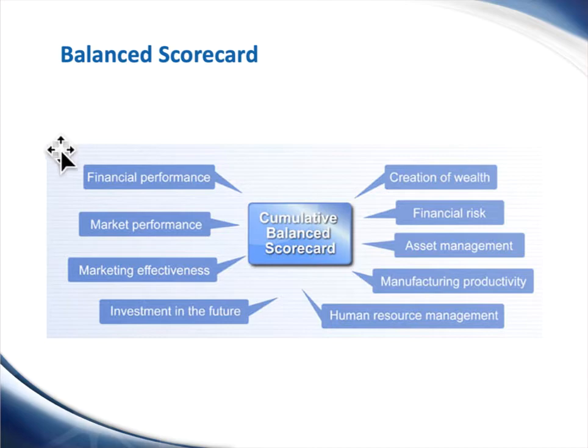It starts with the regular culprits of financial performance, marketing effectiveness, as well as creation of wealth. But it also has financial risk, asset management, manufacturing productivity, human resource management, and investment in the future as evaluative characteristics.